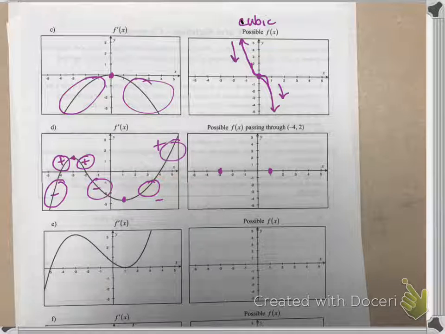So we're going to think about what that would tell us about our graph. This is a cube, right? So we're going to have some kind of thing to the fourth here. Up until -4, my graph is decreasing. When it hits 4, it's going to be increasing.